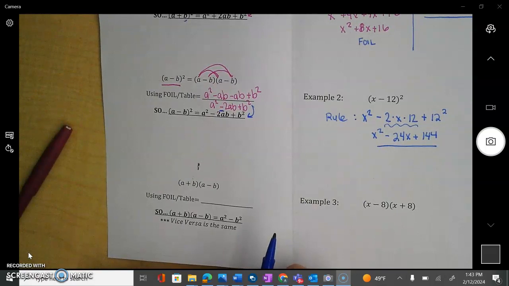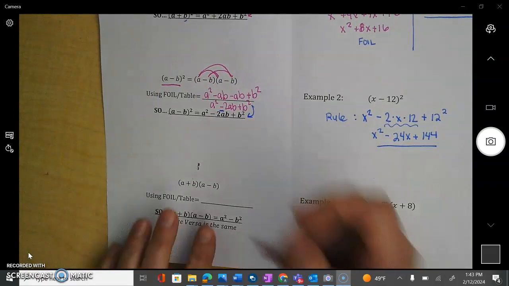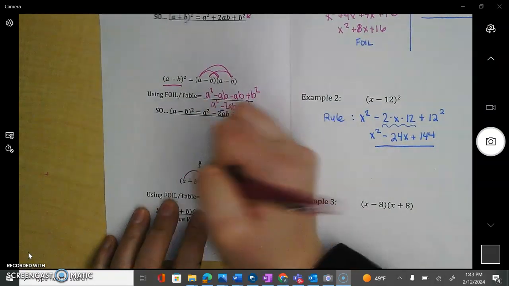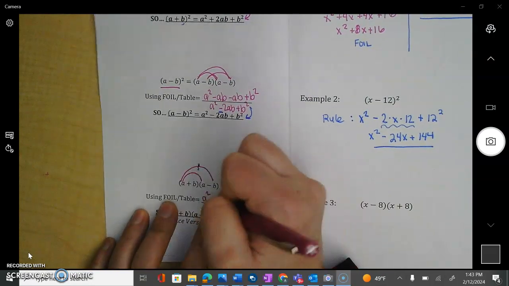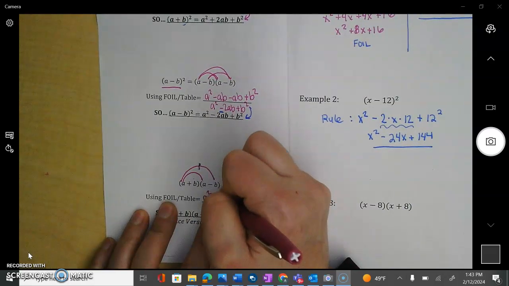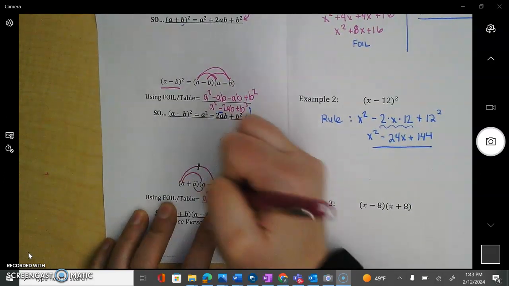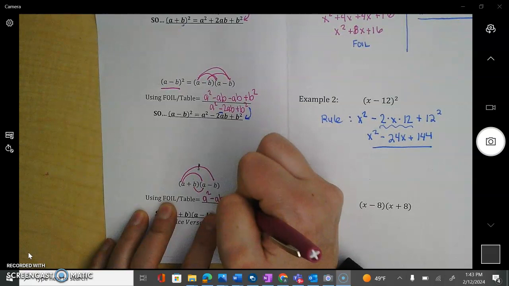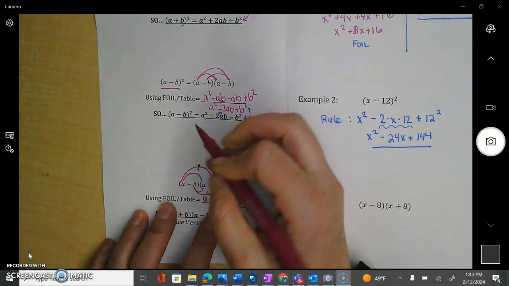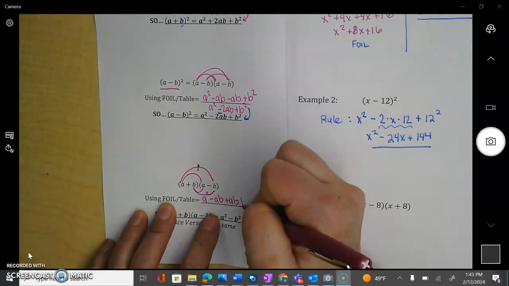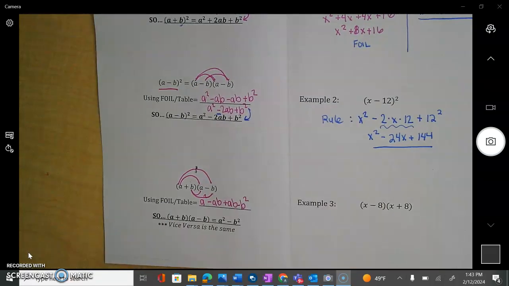Okay, looking at the FOIL method, the solution would be a times a, or a squared, a times negative b, which is minus ab, b times a, and those are both positive, so this is plus ab, and the last is b times negative b, so it would be minus b squared.